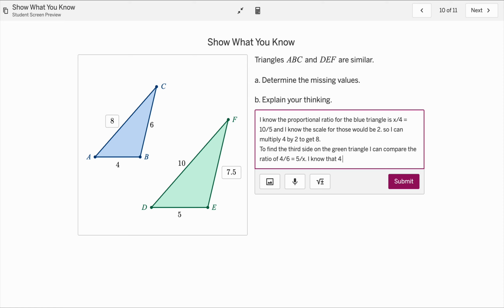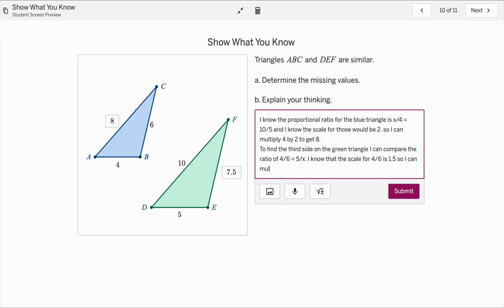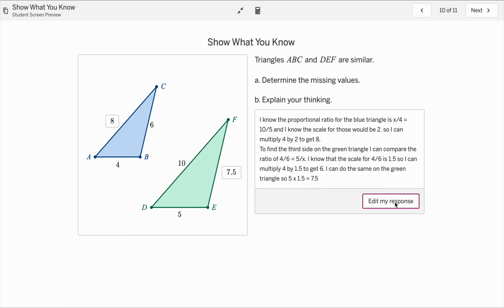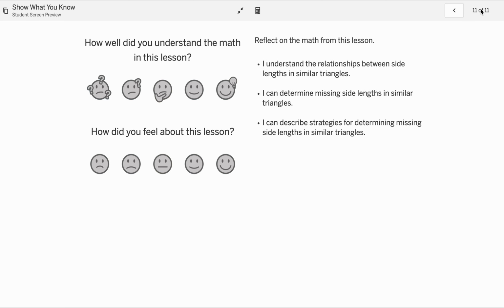I know that the scale for 4 to 6 is 1.5, so I can multiply 4 by 1.5 to get 6. I can do the same on the green triangle. So 5 times 1.5 equals 7.5. And that is how I would answer all of those questions.